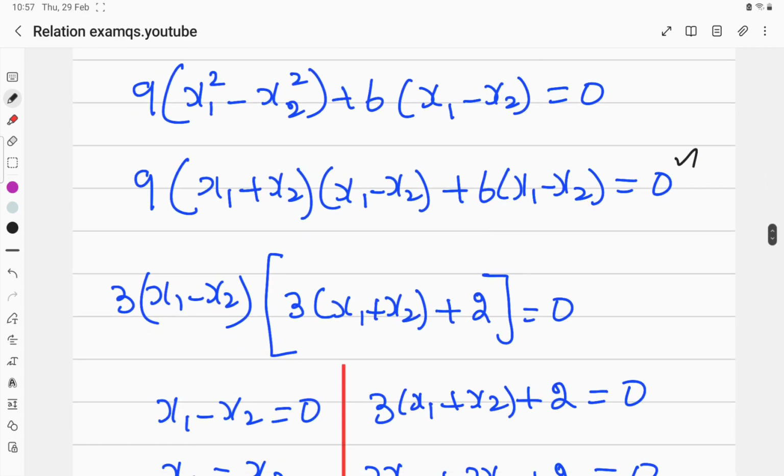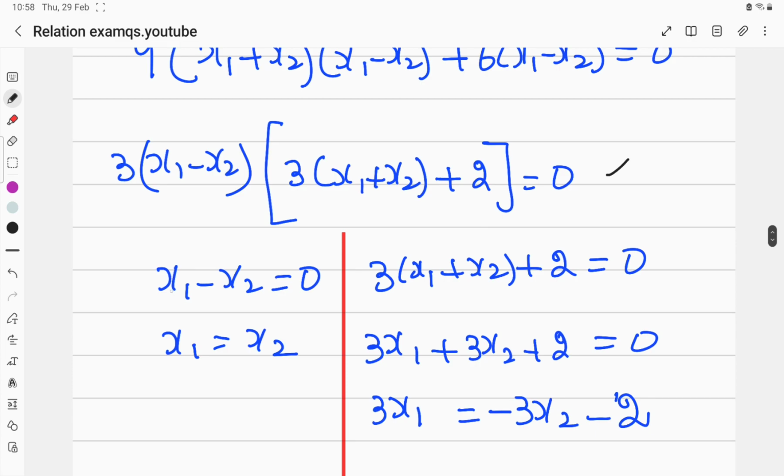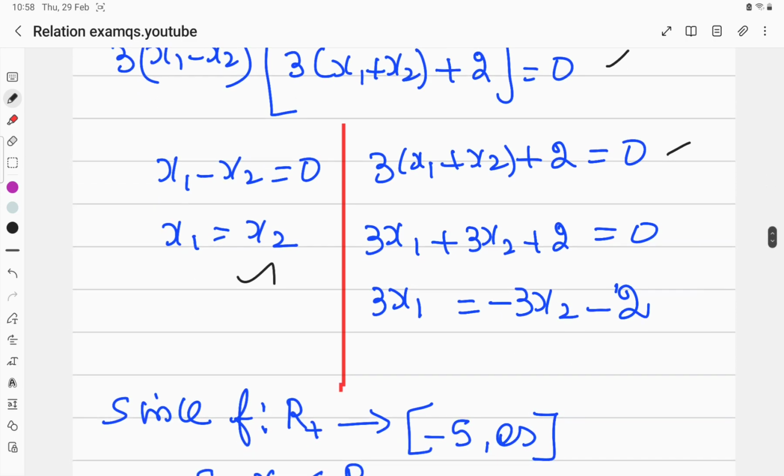Taking the common factor 3(x1 - x2), we get 3(x1 + x2) + 2 = 0. That is, x1 - x2 = 0, x1 = x2, we get one result. Here 3(x1 + x2) + 2 = 0, so 3x1 = -3x2 - 2. Here x1 is negative.